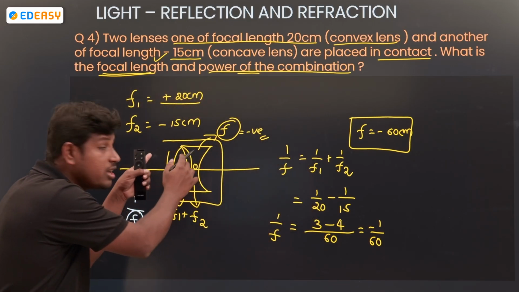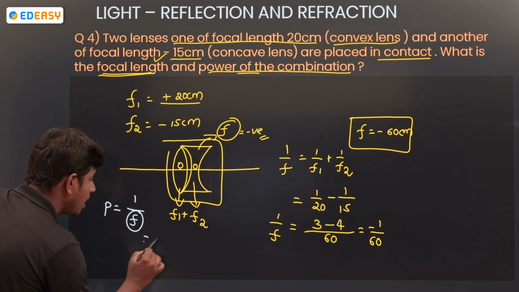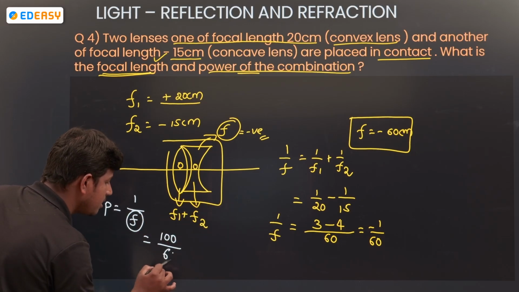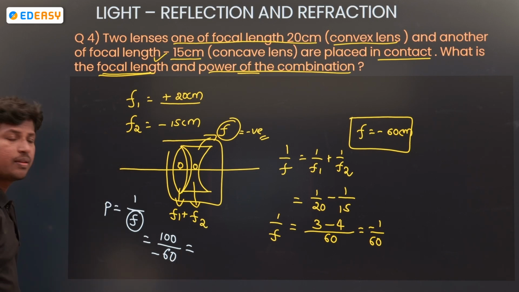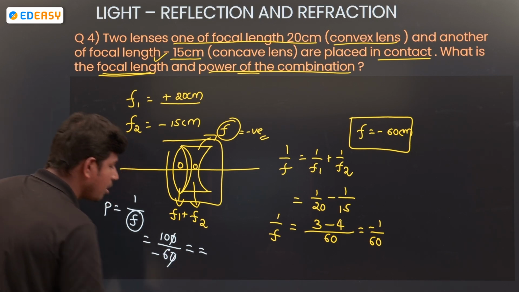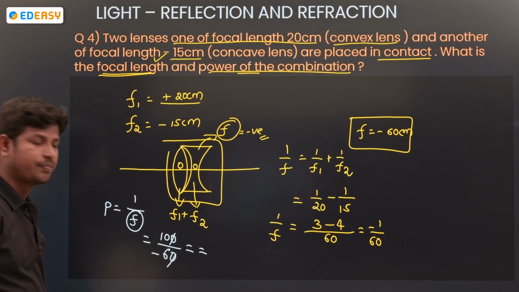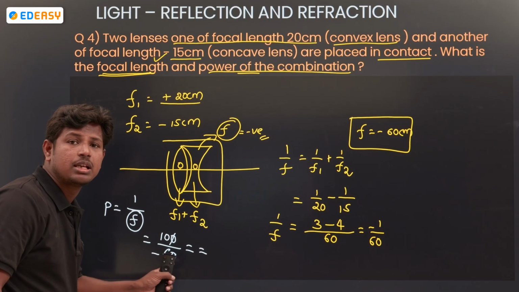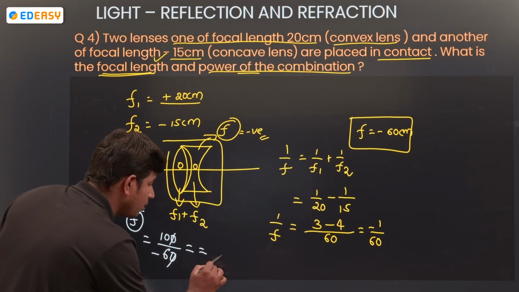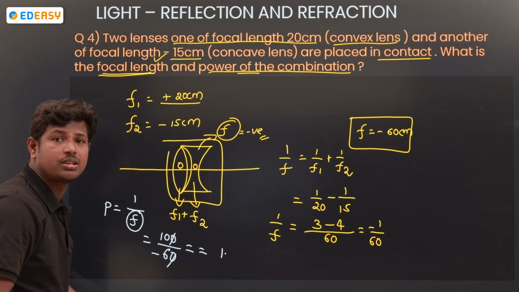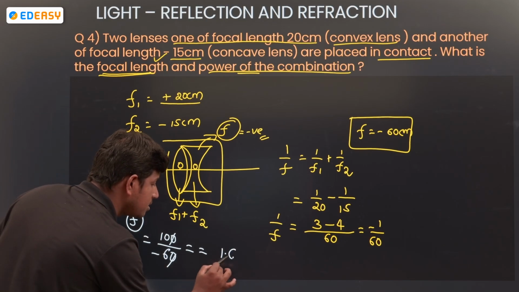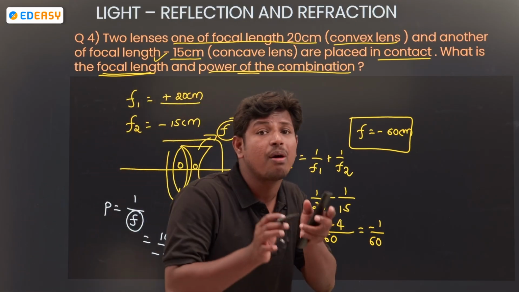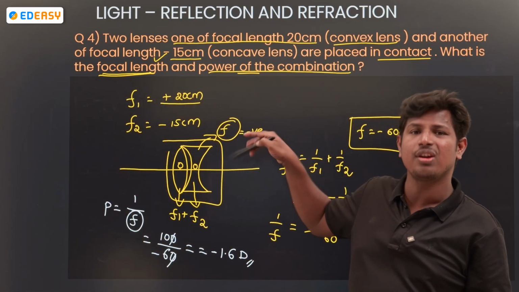Power is 100 by the focal length of the combination. 100 by minus 60. The zeros cancel, so you get 10 by 6, which is 1.6. So minus 1.6 diopter is the power of the combination of concave and convex lens.